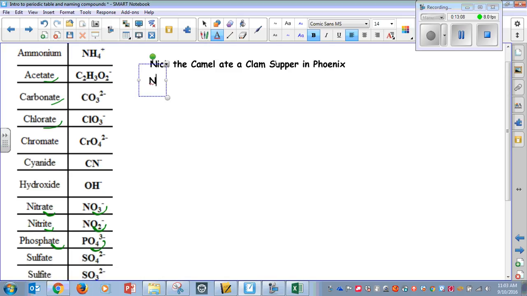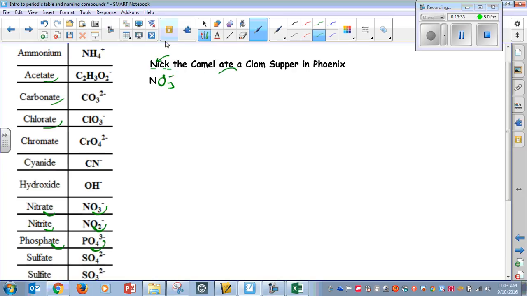We know that these are the 8 ions. So the next element after N would be O. The number of consonants tells you how many oxygens. So NCK means NO3, and the number of vowels tells us the charge. So that'd be NO3 -1.